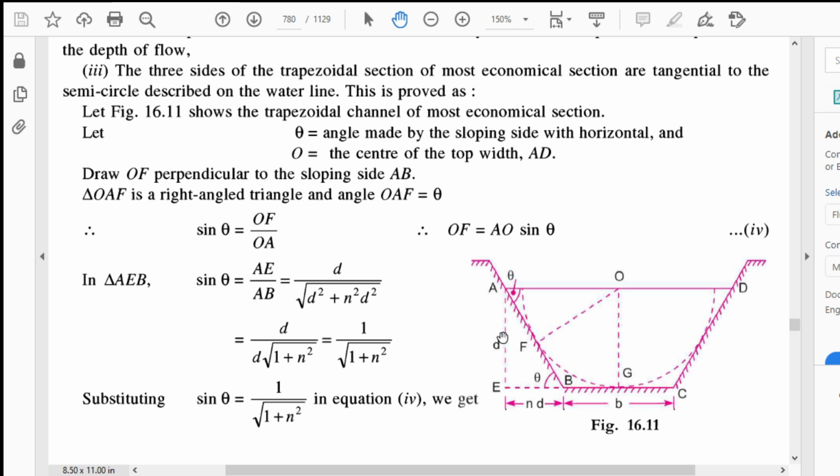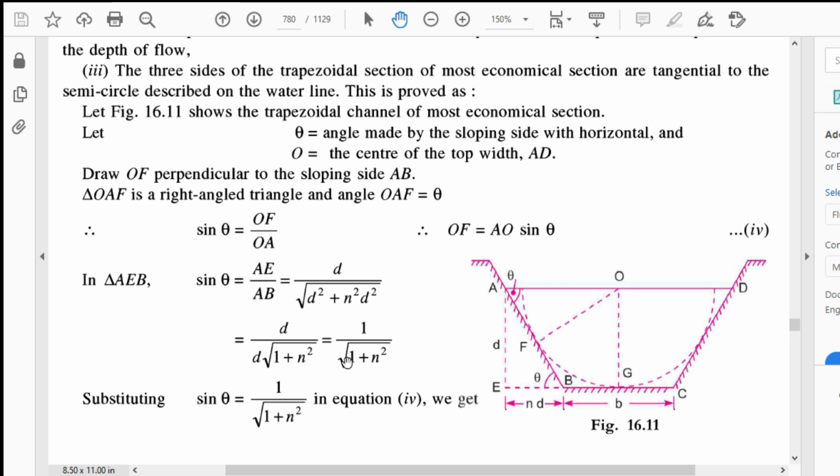Here the opposite side is D, that is the depth of flow, and AB is your sloping side, that is D square root of n square plus 1. This D will get cancelled, and the remaining is 1 divided by square root of n square plus 1. This is the value of sine theta.